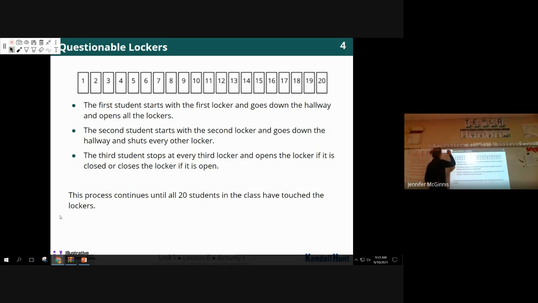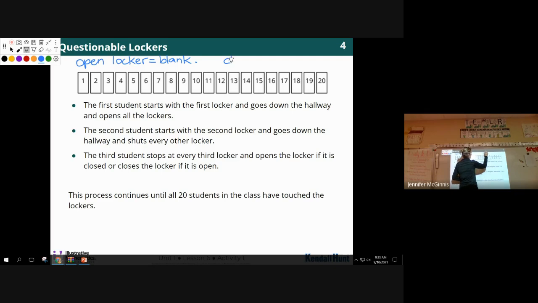So on my representation, an open locker is going to be just blank. Okay? So these are now all open because it's just blank. The second student starts with the second locker and goes down the hallway and shuts every other.